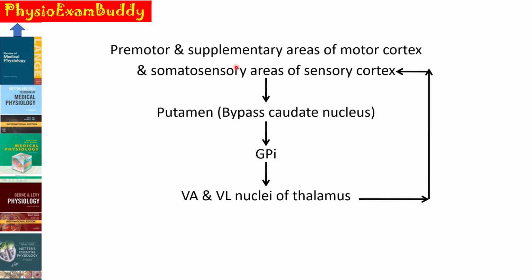The premotor as well as the supplementary areas of the motor cortex, and also the somatosensory areas of the sensory cortex, send fibers to the putamen, bypassing the caudate nucleus.